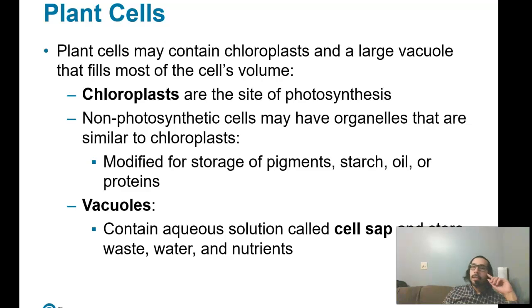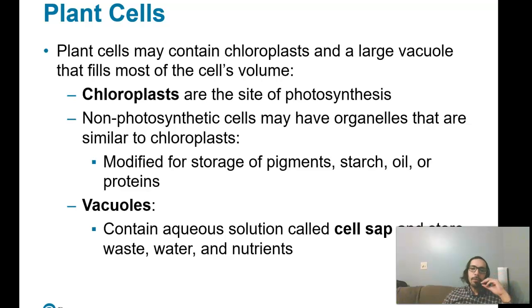Plant cells also contain chloroplasts and large vacuoles that fill the cell's volume. The chloroplasts are what are involved in photosynthesis. When the plant is a non-photosynthetic plant, the cells have organelles that are similar to chloroplasts, so they're modified for storage of pigments, starch, oil, or proteins.